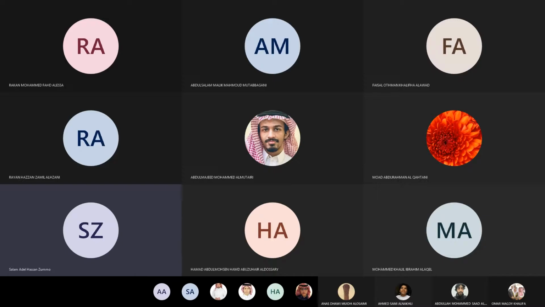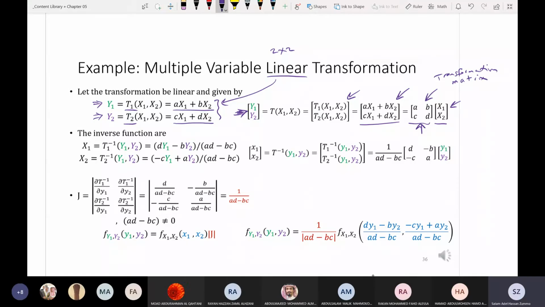The PDF of y1, y2 is simply equal to the PDF of x1, x2, evaluated at x1 equals T1 inverse and x2 equals T2 inverse. So now I need to find these two inverse functions, first of all, multiplied by the determinant of the Jacobian.